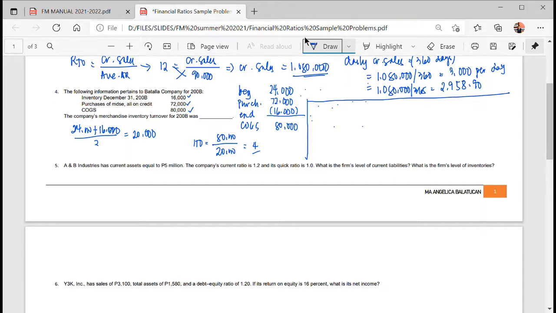Therefore, your current assets is 1.2 and your current liabilities is represented by 1. The quick ratio is 1, so that's 1 is to 1: same quick assets level as your current liabilities. So what's the firm's level of current liabilities and what is the inventory?